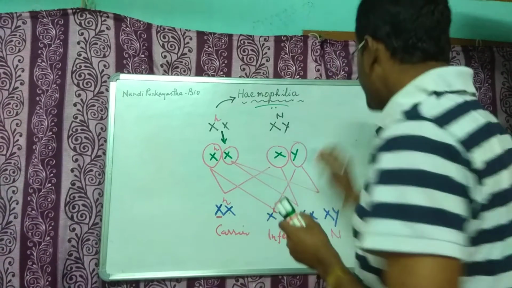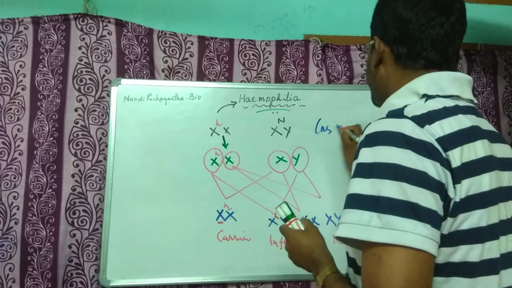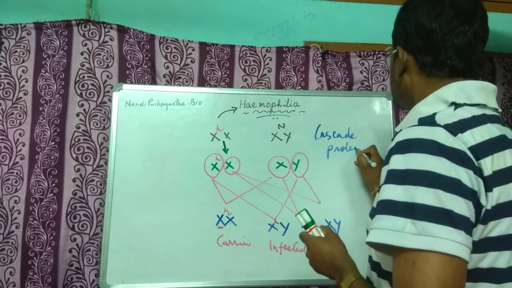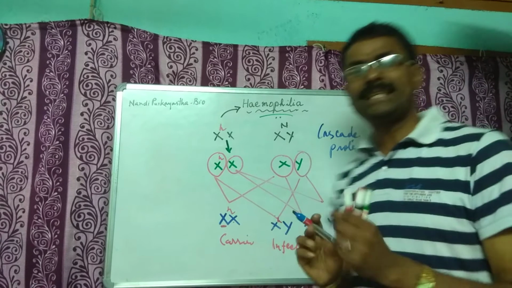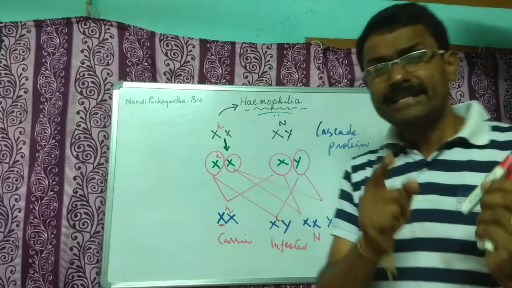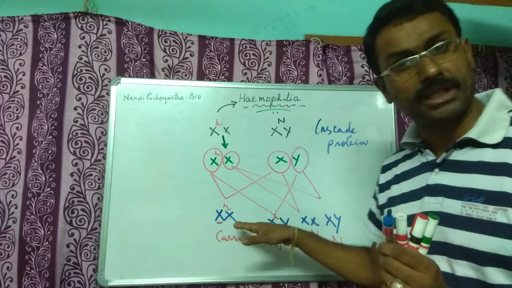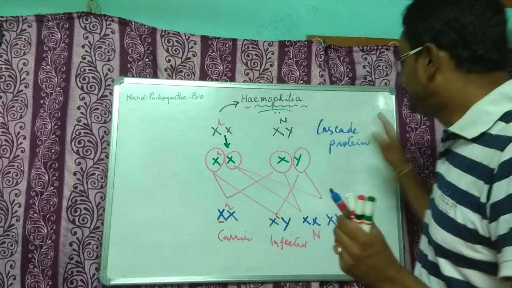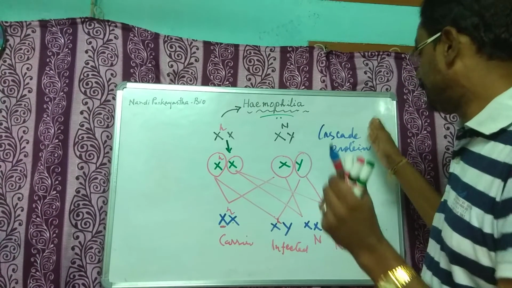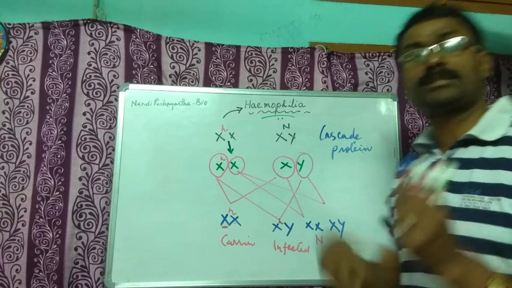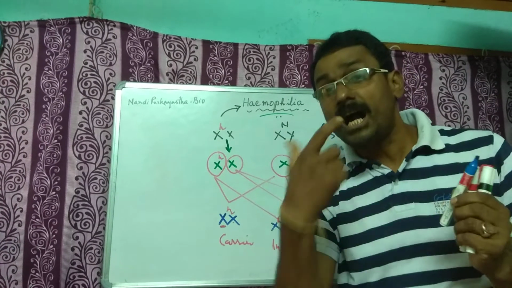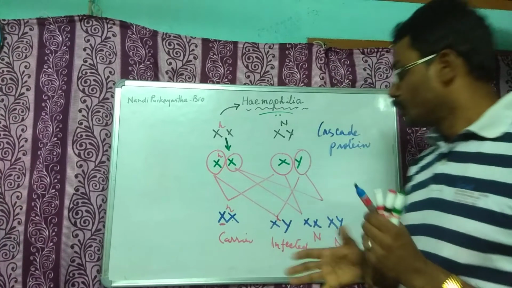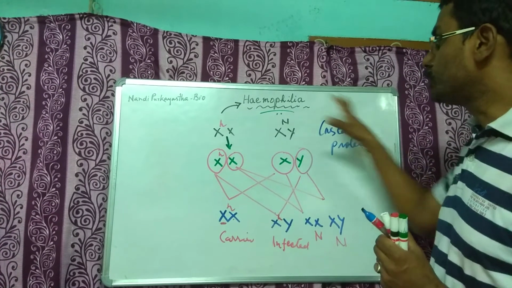There is a cascade of proteins which helps in blood clotting. Because of the mutation, the clotting of the blood doesn't take place; the cascade is harmed and there is no protein. So this is related to hemophilia.